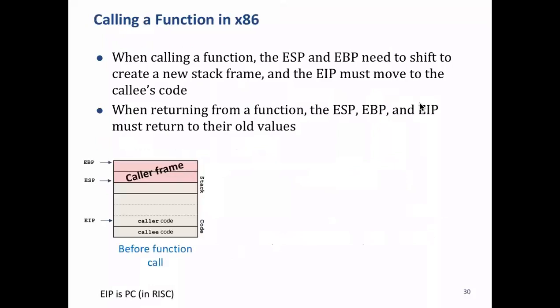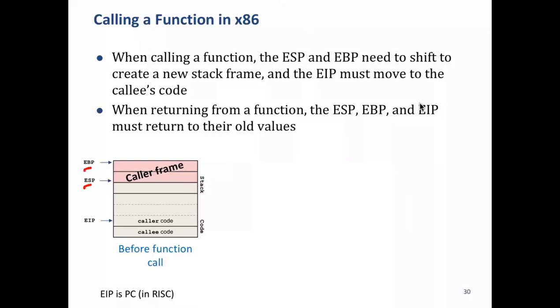So now what will happen when calling a function? Note that when the function call is over, control has to come back to the program that has called. So it means that the values of EBP and ESP have to be restored.